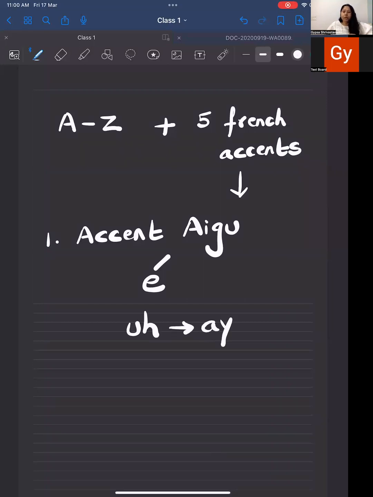I'm going to make a small symbol to highlight the pronunciation. I use the symbol to write the pronunciation. So this accent converts the A sound into an A sound.